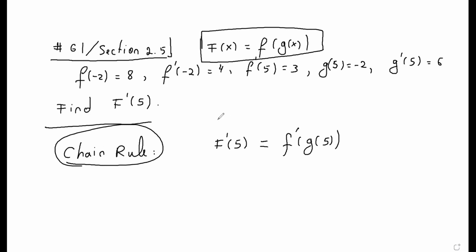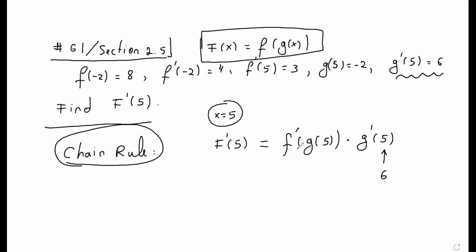Remember that x is 5 in this case. Times g prime of 5. So this is the chain rule. It's as simple as just writing down the chain rule. And it will be obvious that g prime of 5 is 6 because that's given.